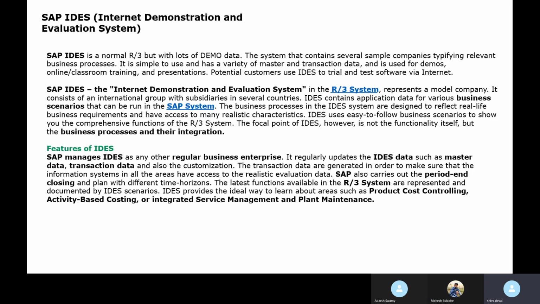ABAP, Advanced Business Application Programming. It is like a combination of C and C++, where communication takes the form of transaction codes. Whatever we communicate to the system in SAP should be in the form of transaction codes.